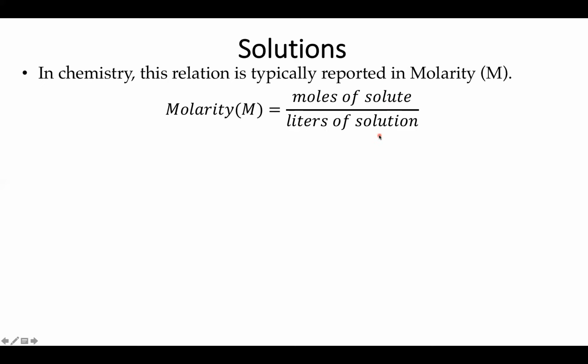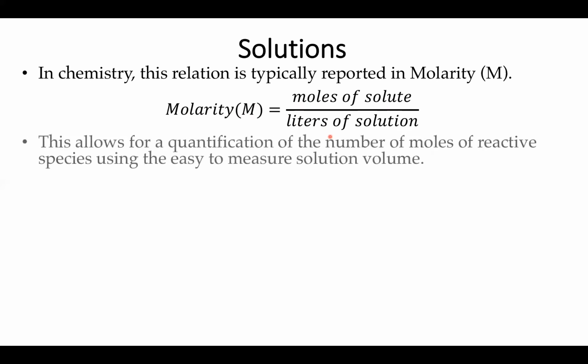And this has a special name and unit. It's called molarity. So if you see a big M, I'm referring to the molarity of a solution, which is just a fancy way of saying moles of whatever solute over liters of the total solution. And this is actually a really easy way to help quantify the number of moles of that reactive species using a much more practical and measurable quantity.